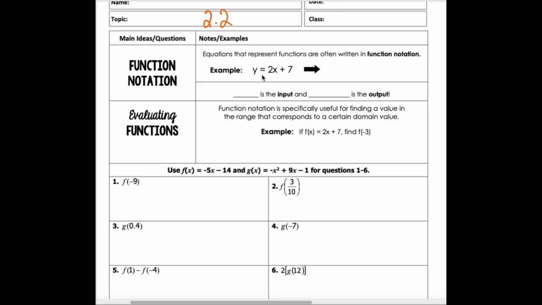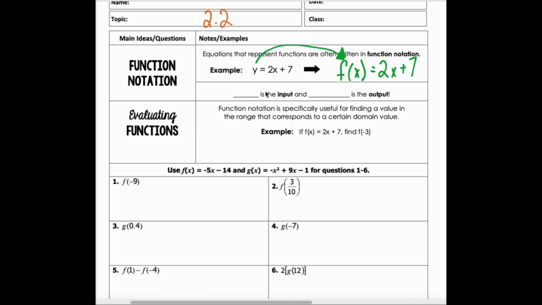Well, when you're making a line, you're essentially using a function, and all we're really doing is changing how it looks. So y equals mx plus b is now f of x equals 2x plus 7. Instead of using y, all we're doing is changing how it's written to f of x.